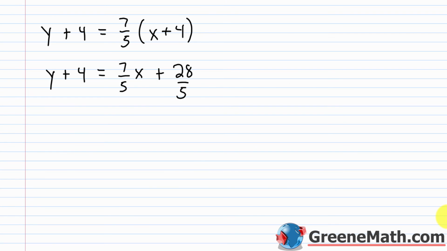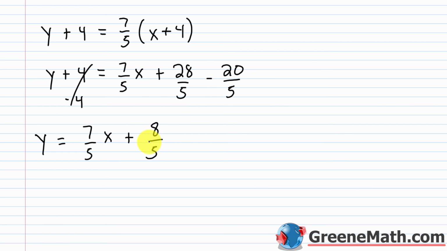So now continuing, I would subtract 4 away from each side of the equation. And I'm going to go ahead and write 4 as 20/5. So we have a common denominator there. So that's gone. And I'm going to have y is equal to 7/5 x plus 28 minus 20 is 8 over the denominator of 5. So y equals 7/5 x plus 8/5.